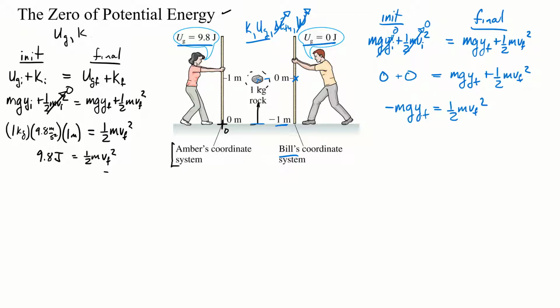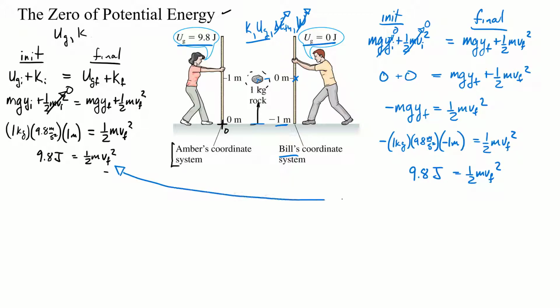Y final's -1 meter, so this ends up being -1 kilogram times 9.8 meters per second squared times -1 meter is equal to 1/2 m v final squared. And these 2 minus signs cancel, so we end up with the same 9.8 joules equal to 1/2 m v final squared. And what we calculate for our final velocities or our final kinetic energies are going to be the exact same no matter which coordinate system we use.